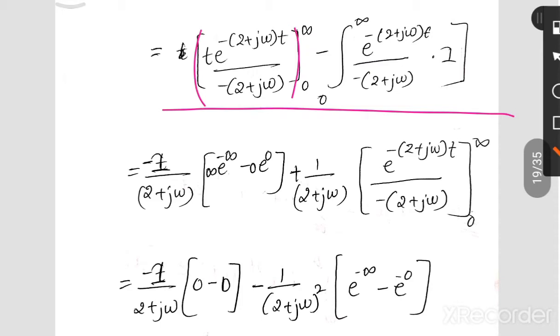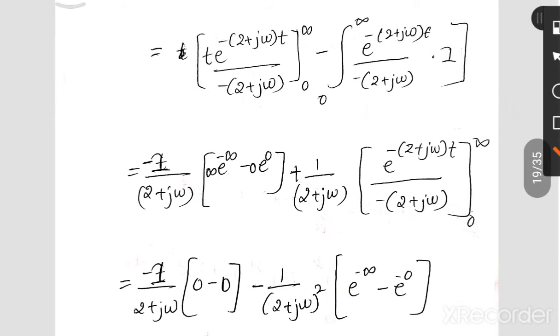Okay, so for this we will take minus 1 divided by 2 plus j omega outside, this minus sign we will write here, minus 1 divided by 2 plus j omega, here we will keep t e raised to minus of 2 plus j omega t. Substitute upper limit minus lower limit. Upper limit is infinity.